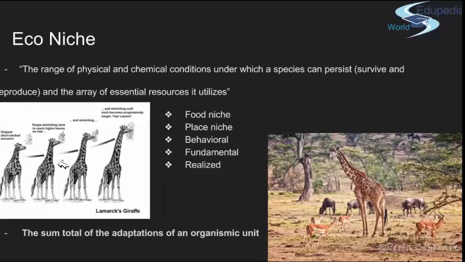Now we're going to talk about other phenomena I mentioned in the beginning. It's the ecological niche. A niche is basically a term describing the relational position of a species or population in an ecosystem. This responds to the abundance of its resources and enemies.